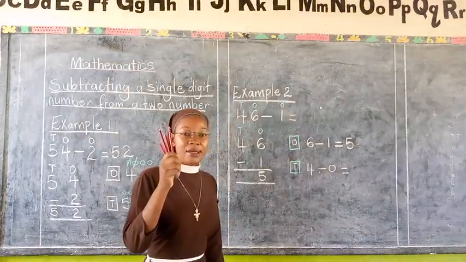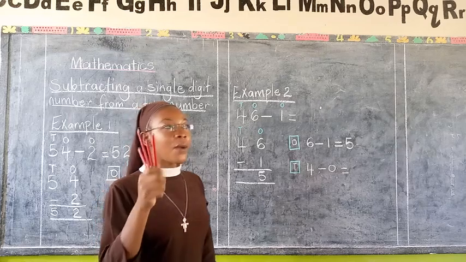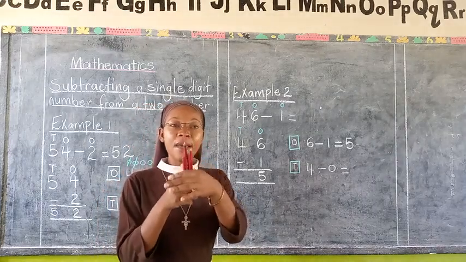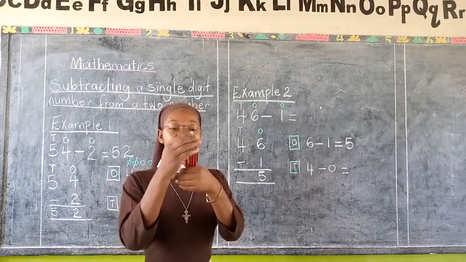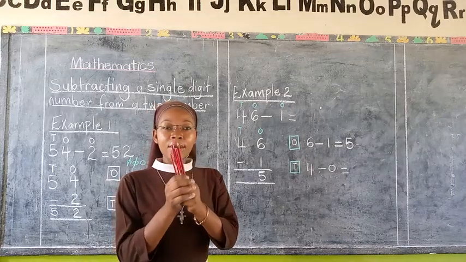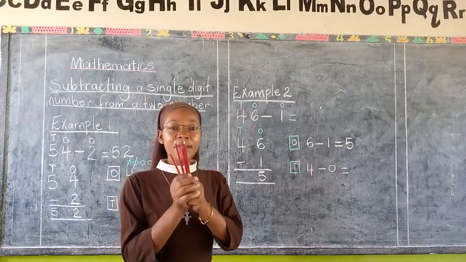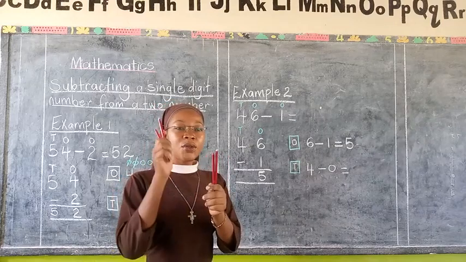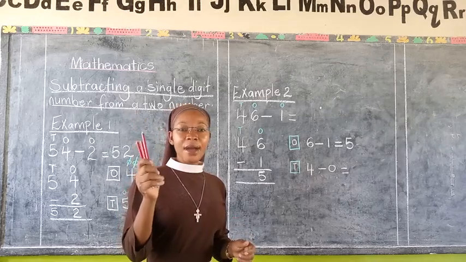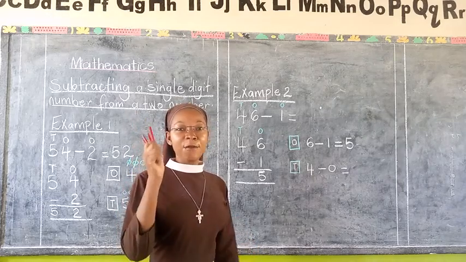Out of the 4 pencils, we shall take away nothing, meaning we are going to remain with all of them because we are not going to take any of them away. Let's count what we are remaining with. 1, 2, 3, 4. How many have you remained with? 4.